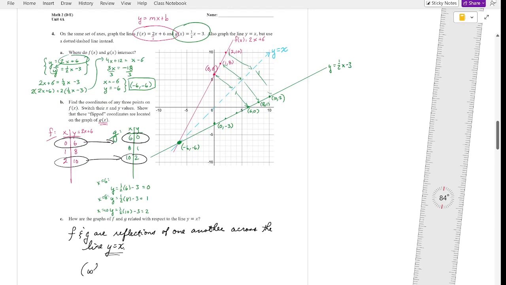So when two functions, or graphs, are reflections of one another across y equals x, they're called inverses of one another. So in this case, you could say f is the inverse of g, and g is the inverse of f.